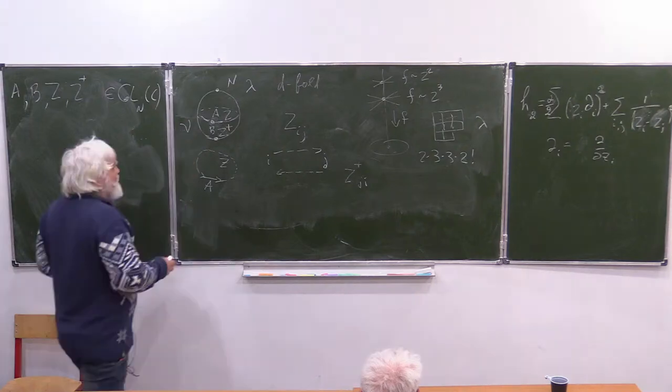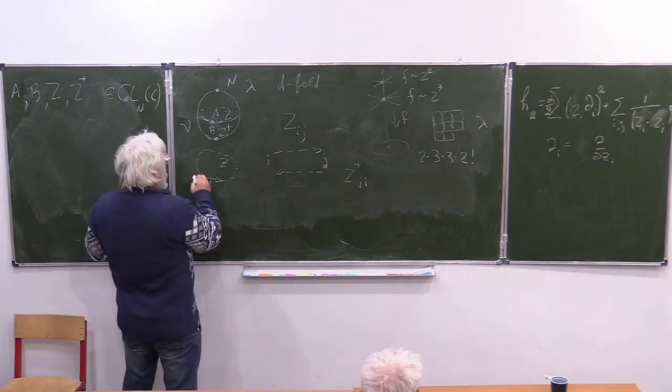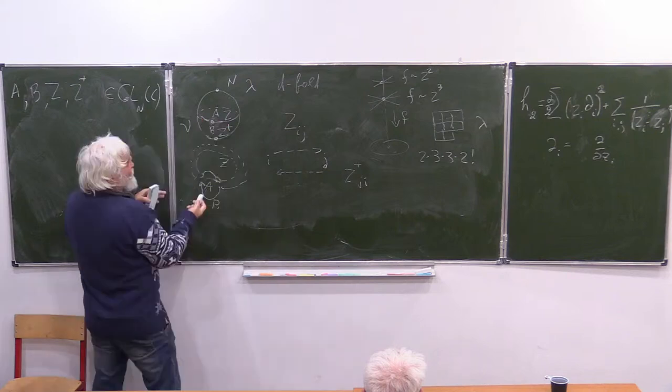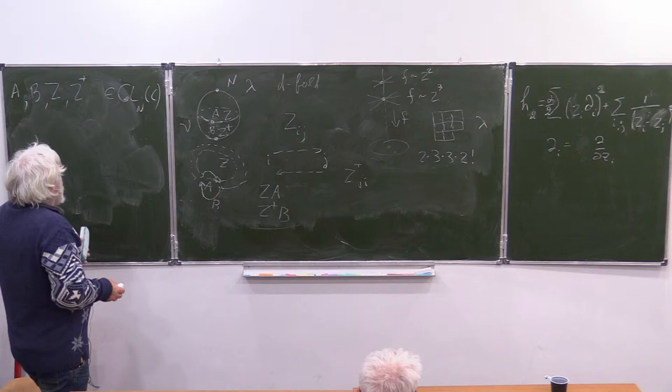Okay, we have this picture. We have an inflated vertex, and two arcs to which we assign matrices A and B, and we can consider the product of ZA and the product of Z-dagger B. Now consider the so-called Gaussian ensemble, an ensemble of random matrices.